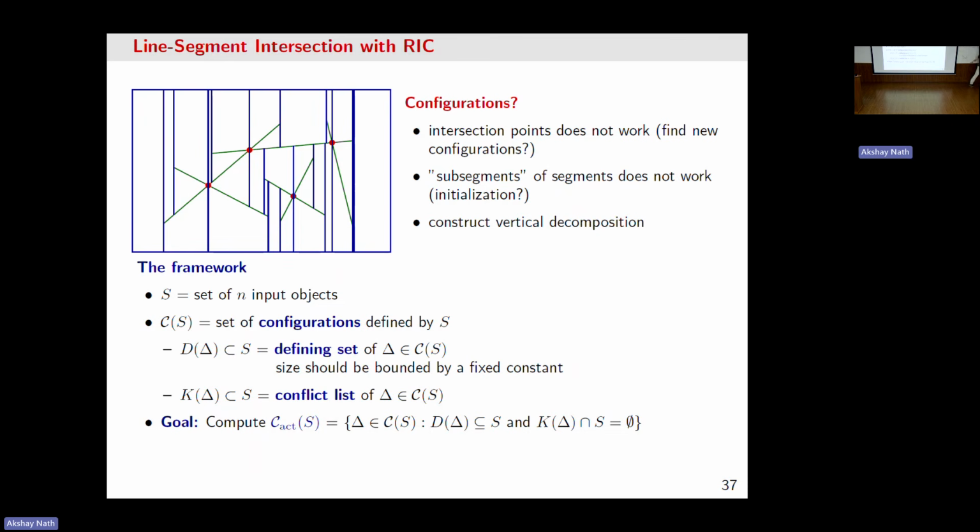So in other words, if you look at a trapezoid, we said it had a top that could be part of a segment, or it was part of the top side. If the top side is part of an input segment, then that input segment is in the defining set. So this is definitely in the defining set. Bottom, well, in this case, the bottom goes to the bounding box, so I don't have anything there.